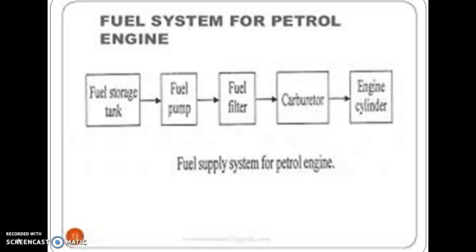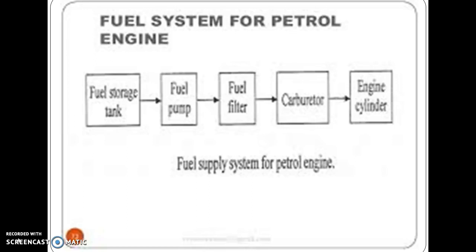But in diesel engines, there is no assistance of a spark plug, so the ignition should take place only with the help of the compression process. In order to self ignite or auto ignite the diesel, we keep a much higher compression ratio. This is what we have seen in the previous lecture.